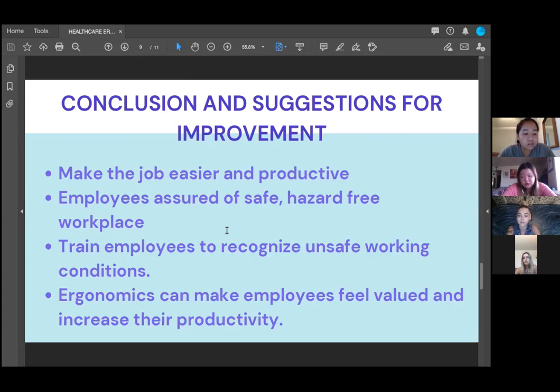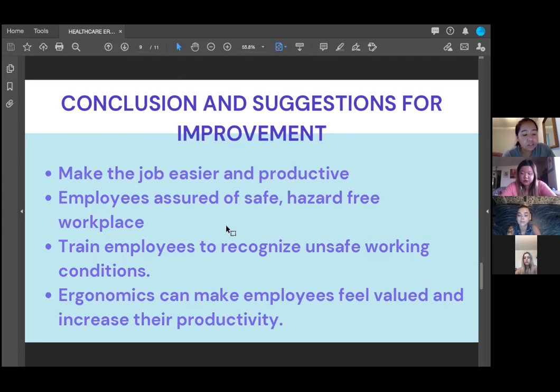Injuries and disorders related to ergonomics are a growing category of work-related illnesses, and it is beneficial for the employees to be trained also to increase awareness of the factors and recognize and avoid unsafe working conditions.